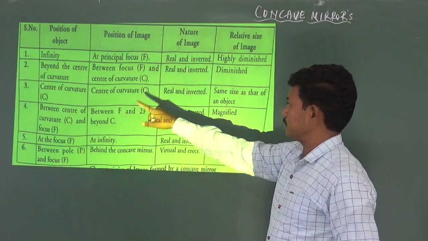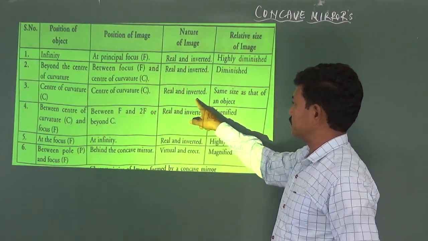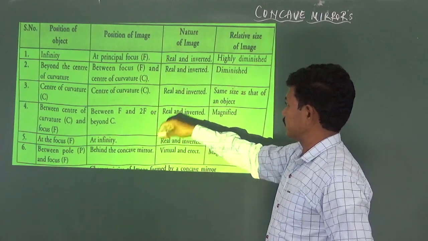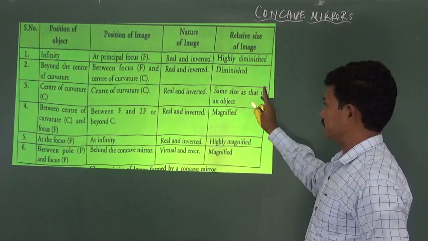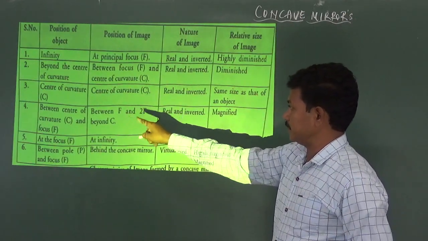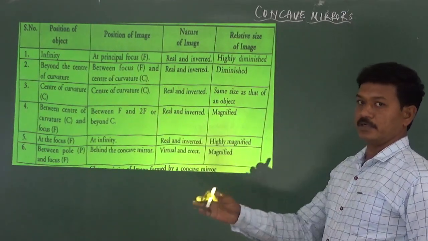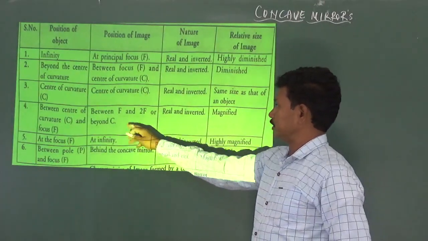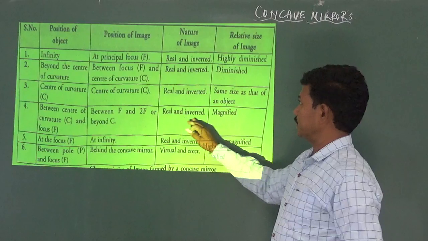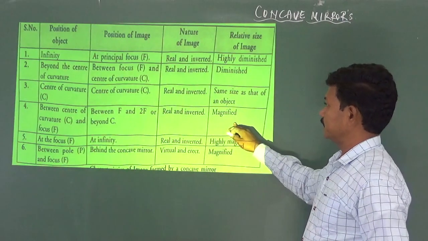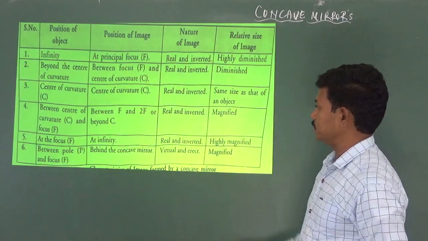When the object is at the center of curvature, the image is formed at the center of curvature. It is real and inverted, and the same size as the object. Next, the object is placed between the center of curvature and focus, C and F. Then the image is formed beyond C. It is real and inverted, and magnified.